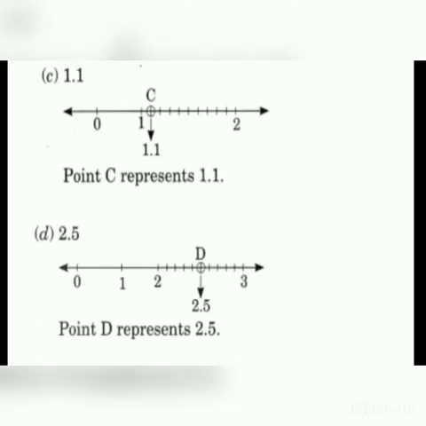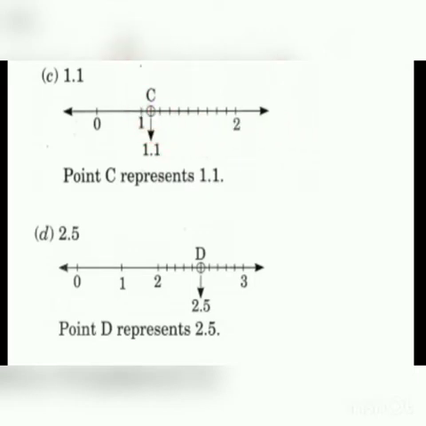Next example, similarly, 1.1, depending upon the whole number part. What is the whole number part here? 1. So, this comes between 1 and 2. You divide the distance between 1 and 2 into 10 equal parts, that is 1.1, 1.2, etc. So, what do we want to mark? 1.1.